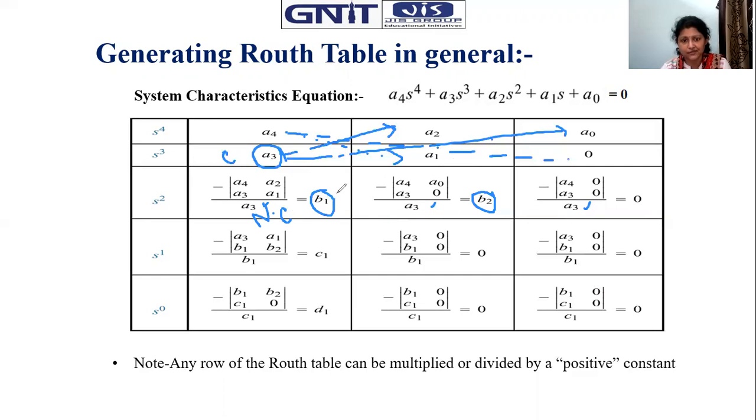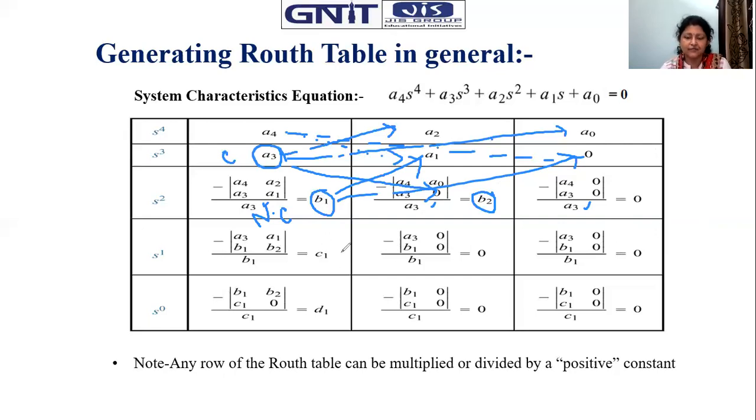The diagonal factor is A1. So B1 into A1 minus B2 into A3 divided by B1, that we will get as C1. Similarly, B1 into 0 minus A3 into 0 divided by B1, that we will get as the next factor. As there is no factor aside over there, we are getting 0.